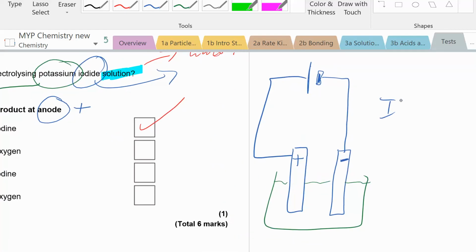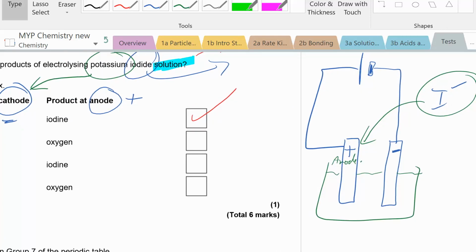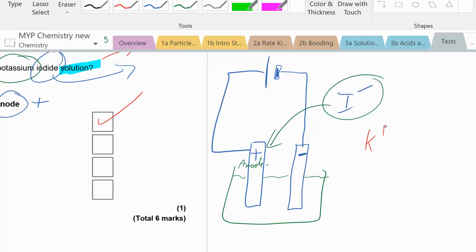Now, iodine in solution is I minus, so it is going to be attracted to the anode, which is the positive one, and potassium, which is obviously positive, is going to be attracted to the negative one, which is the cathode.